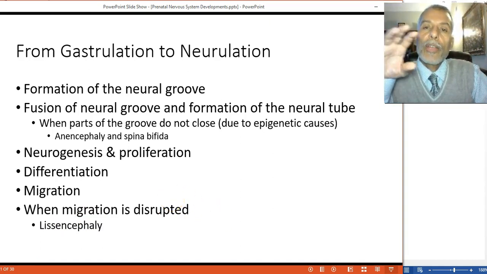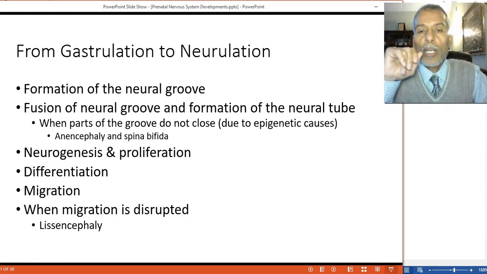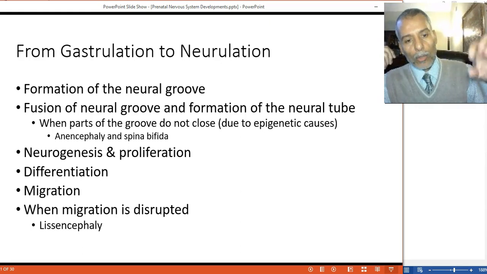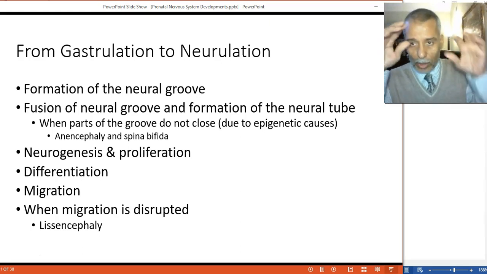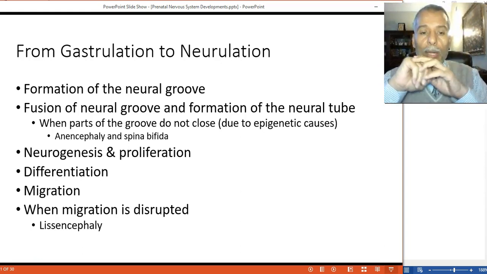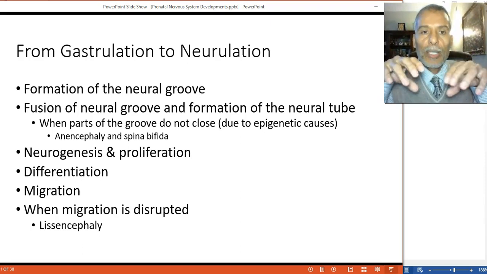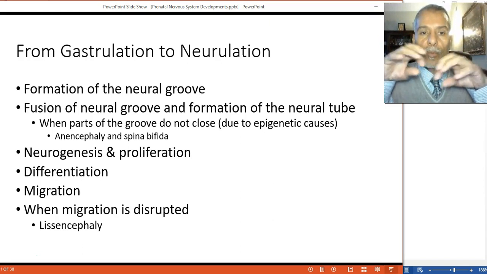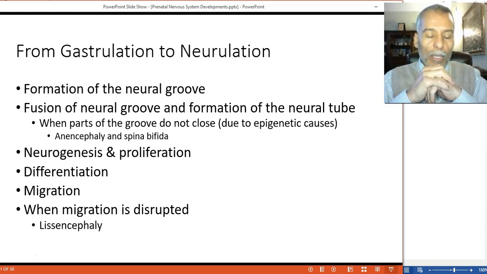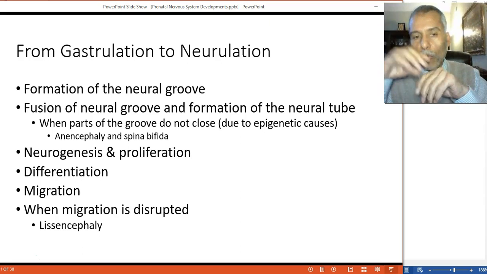If the cell migration process gets disrupted, for example, in a certain kind of disorder called lissencephaly, you have clusters of cells, neurons, that are destined for the cerebral cortex, the very top layer of the brain. As they continue, something happens and they stop migrating, they get trapped inside of the white matter, beneath the gray matter, beneath the cerebral cortex.